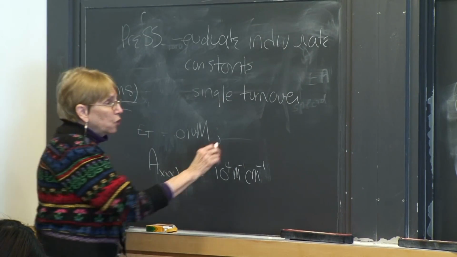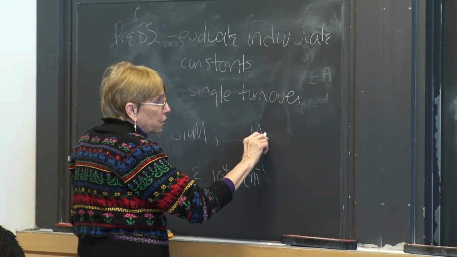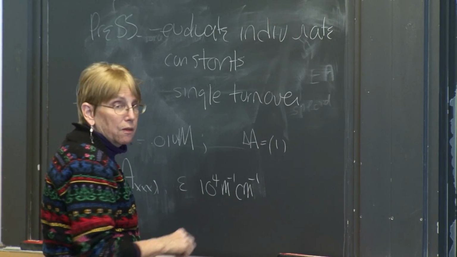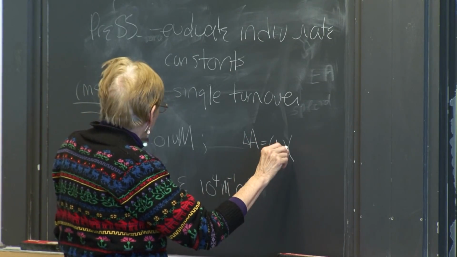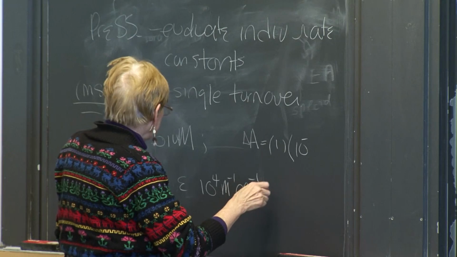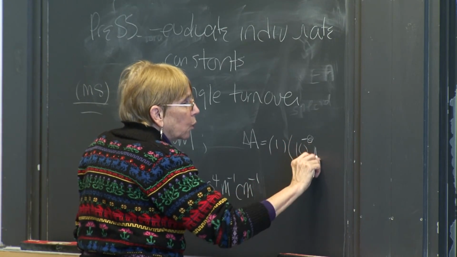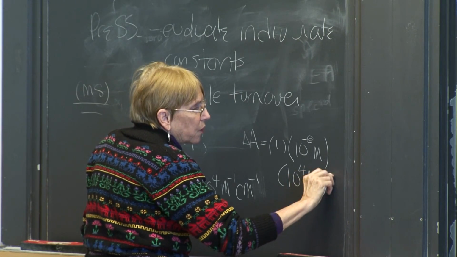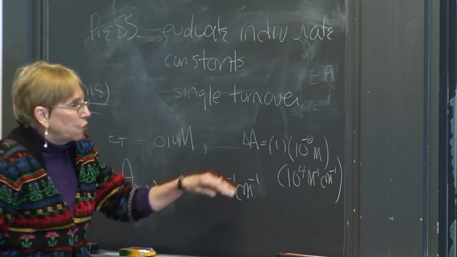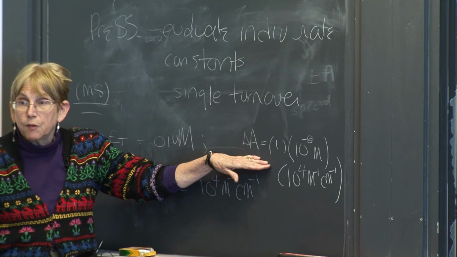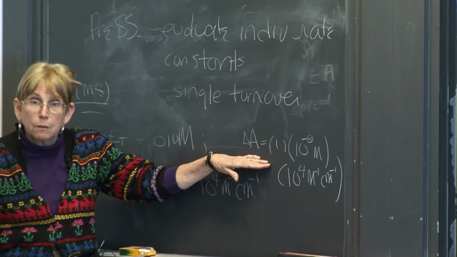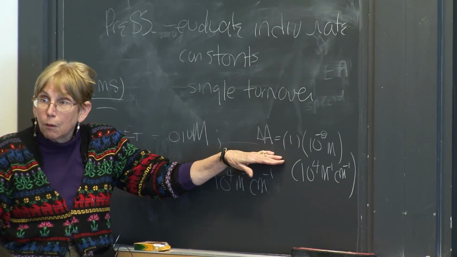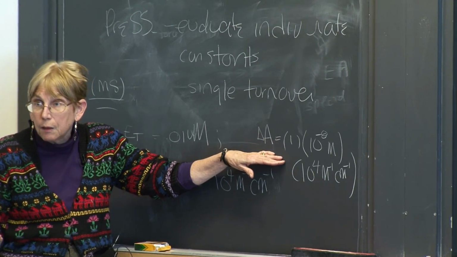Then you can ask yourself the question, under these conditions, the change in absorption at whatever this wavelength is equal to the path length of light in centimeters times 10 to the minus 8th molar times 10 to the 4th per molar per centimeter. Okay, so what would your change in absorption be if you were measuring this in a single turnover? It would be really, really small, 0.0001.